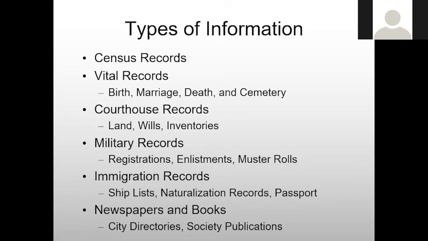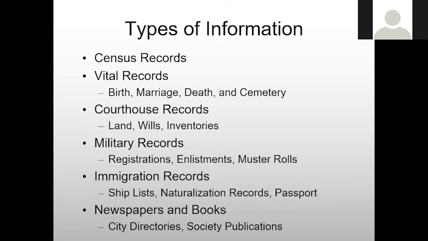We want to look also at vital records. Those are your birth, marriage, and death, as well as cemetery records. Some of the vital records come in the form of church records, especially earlier records, and they will be baptisms, marriages, and burials. There is no national level recording of vital records. It was up to each one of the states.